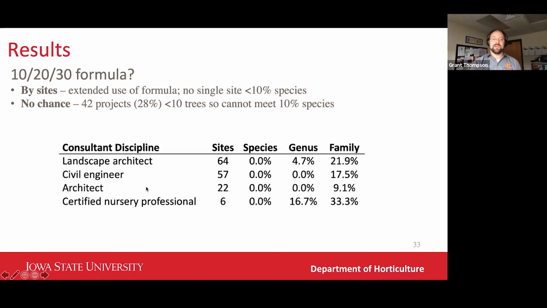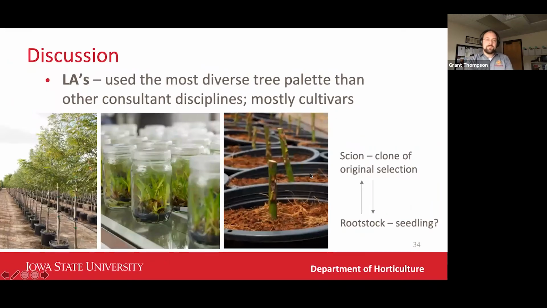But for example, our architects, which again, not a lot of projects, so you take it with a grain of salt, are really never or rarely meeting it at the genus or the family level, whereas even with civil engineers, we don't see adherence at the genus level.